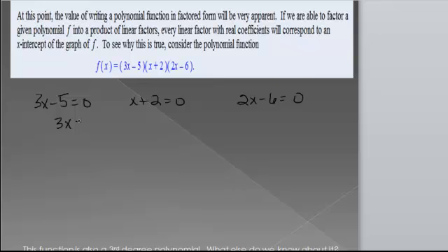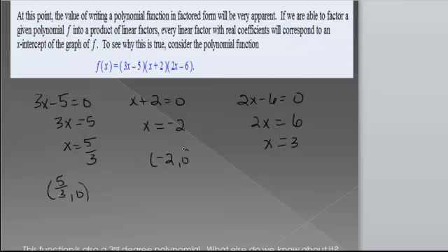So add 5 to both sides and divide by 3. Subtract 2 from both sides, add 6 to both sides, and divide by 2. So your x-intercepts correspond to these zeros. They are 5/3, 0, -2, 0, and 3, 0.